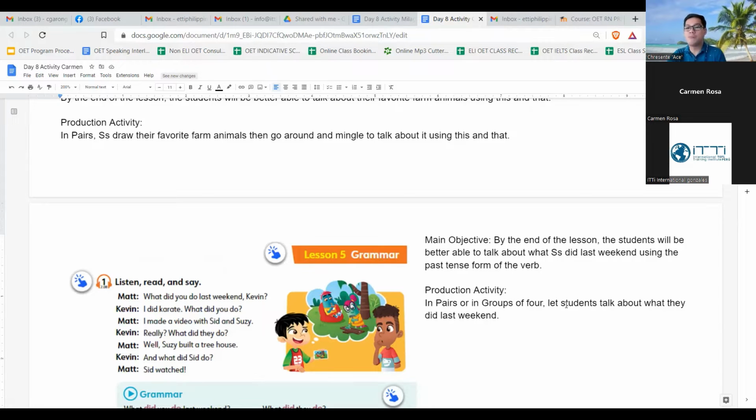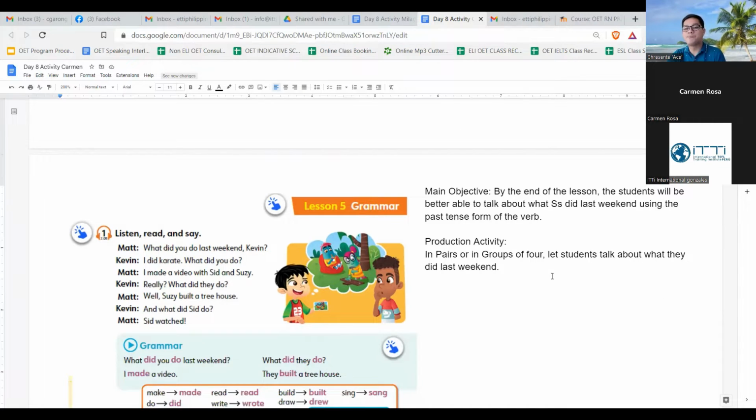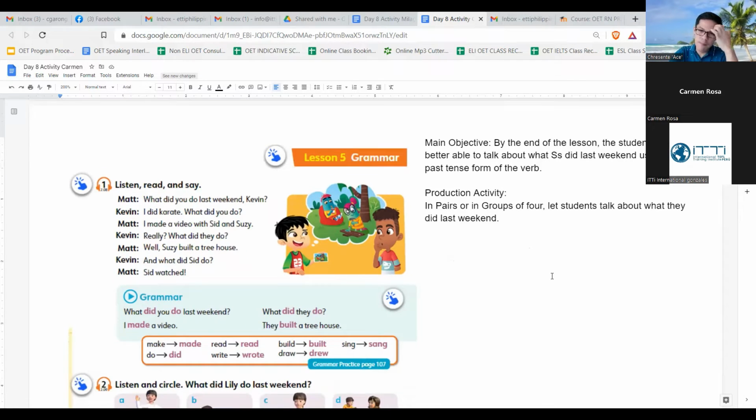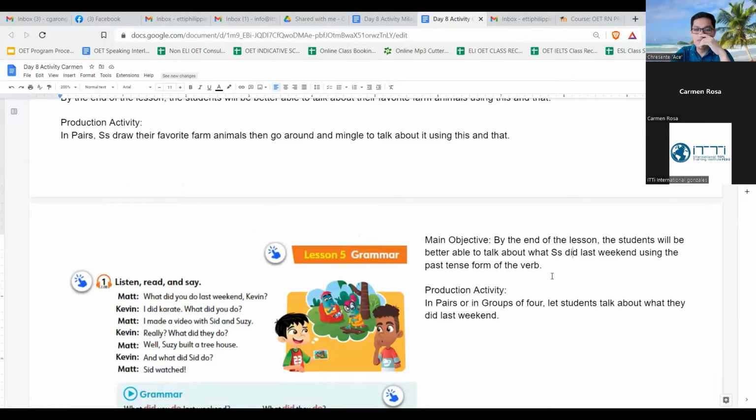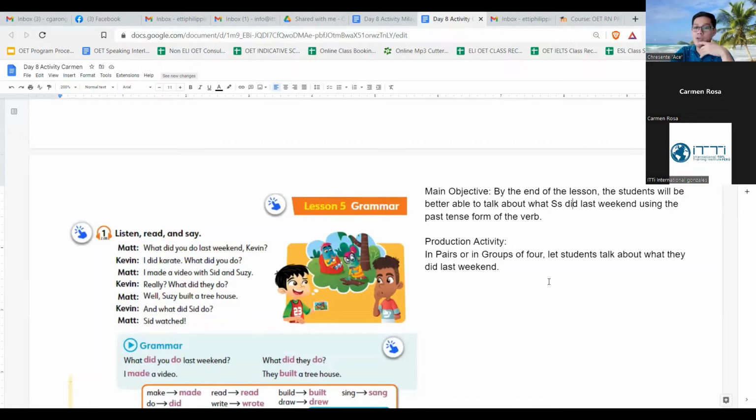So students talk about what they did last weekend. And probably then, if you do this activity, you can call on some of them to talk about what their partner did last weekend, to explain to the class. Yes, you can also do that. That's part of the setting up of the activity.